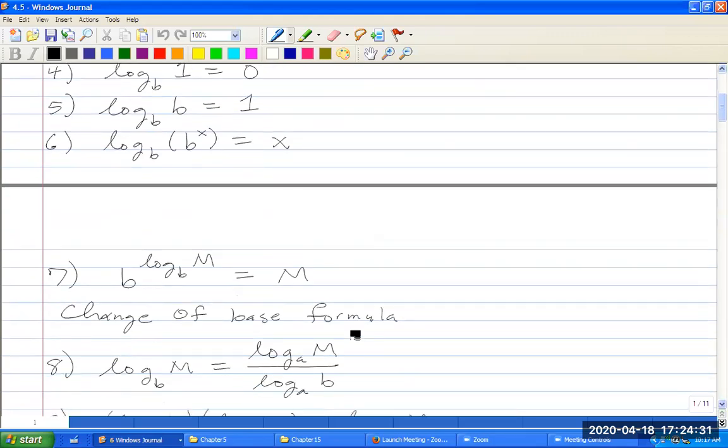The change of base formula: log base b of m is equal to log base a of m divided by log base a of b. So this means that you can switch between bases. It really doesn't matter what base you use.